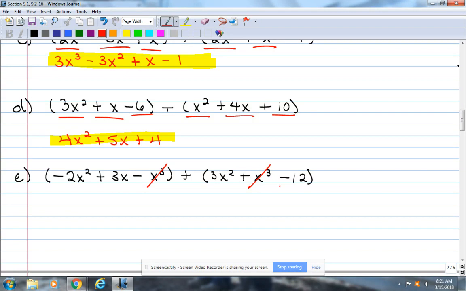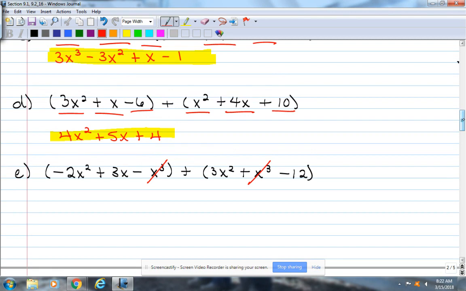So y'all combine the rest of them real quick and see what you get. Y'all understand why the x to the third power is canceled out?